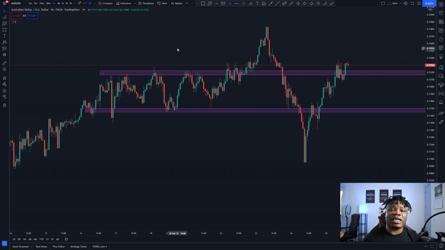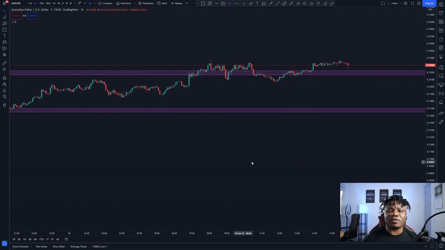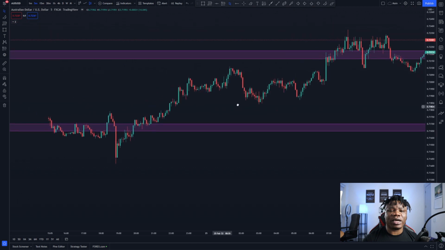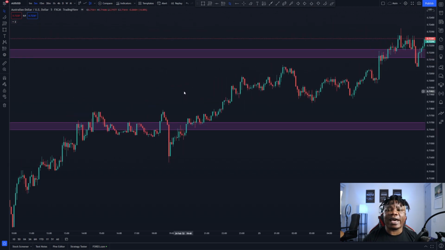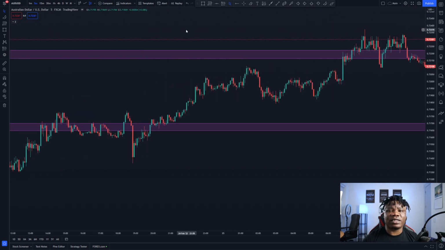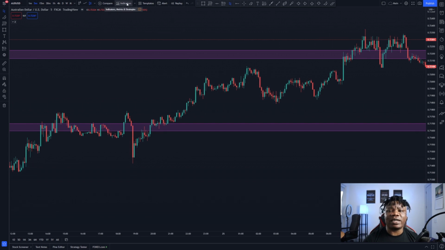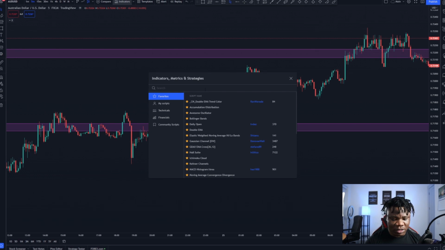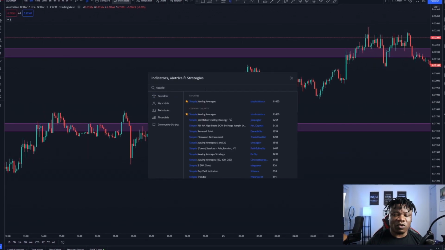Once we've identified our support and our resistance zone, then we can go to the 5-minute time frame. Here on the 5-minute time frame, we can add our indicators. To add your indicators, you go here to indicators and simply search for simple moving averages.